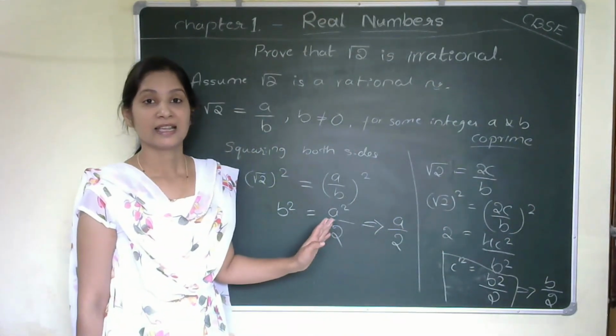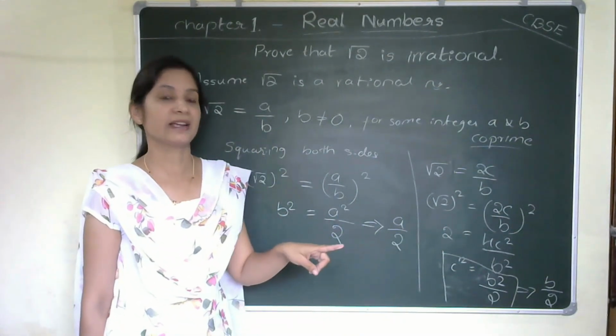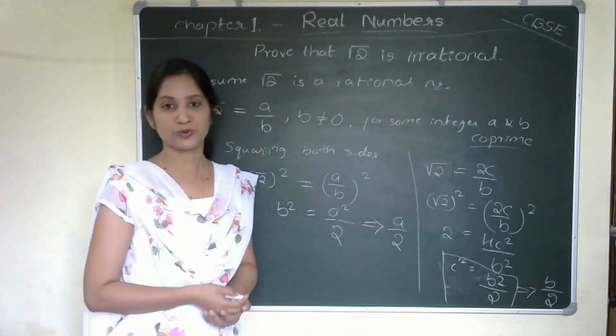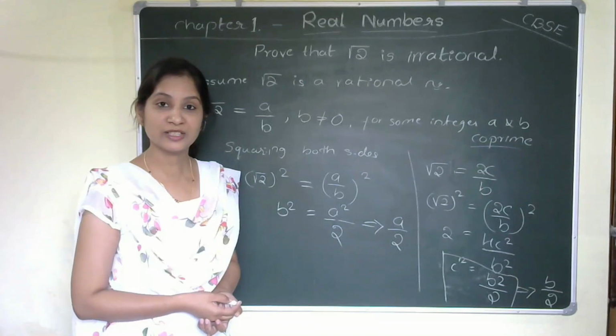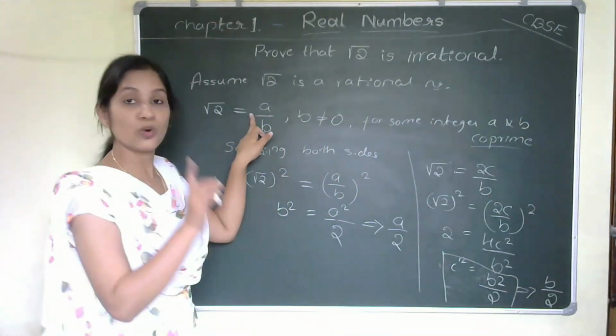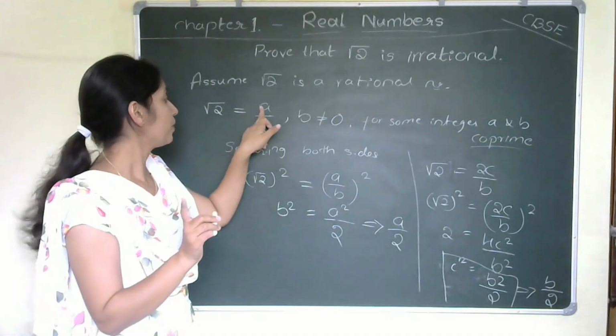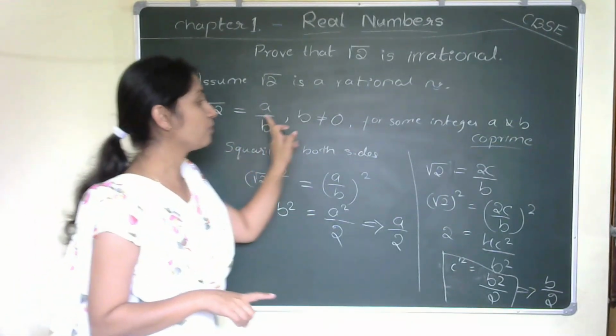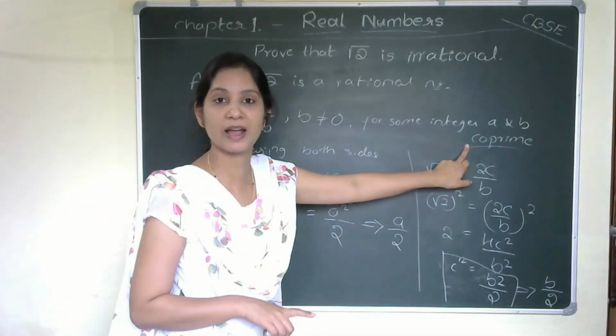That means there is one more common factor for both a and b, that is 2. But what have we assumed? We have assumed that there is no common factor for a and b other than 1, because a and b are co-prime.